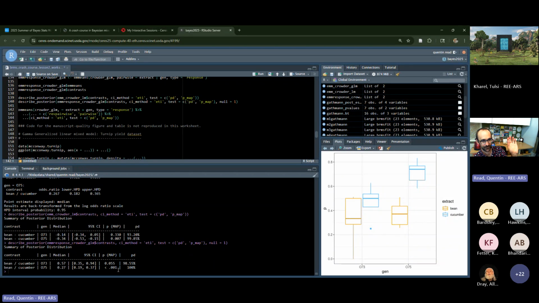If you had 1,000 seeds and 200 germinated, that's 0.2 proportion, versus if you had 10 seeds and 2 germinated, that's still only a 0.2 proportion, right? It's the same, but really we have more confidence when we have 1,000 seeds. The model that's just looking at proportions is not accounting for that.